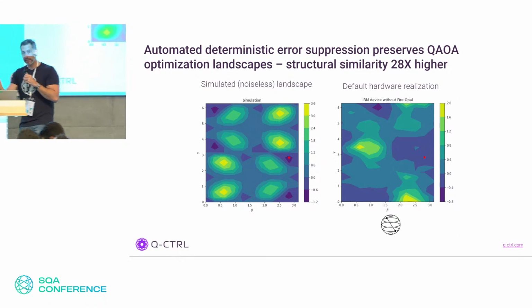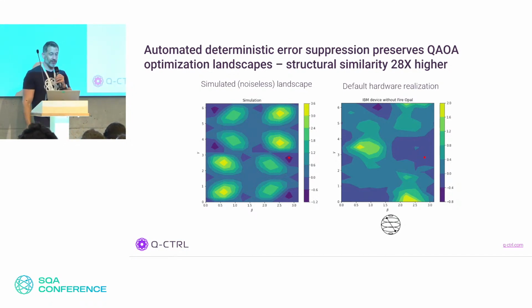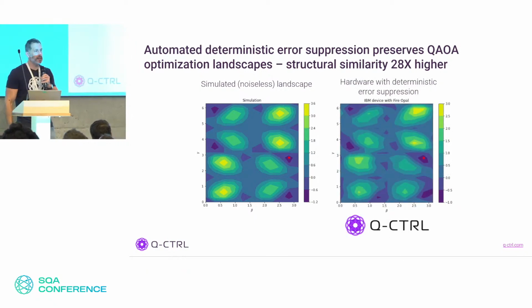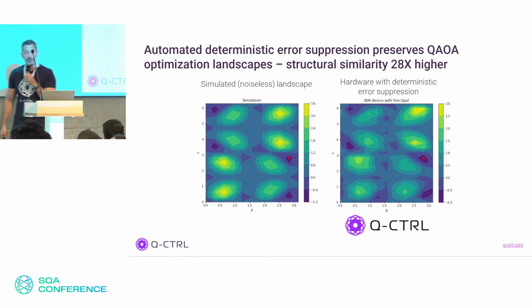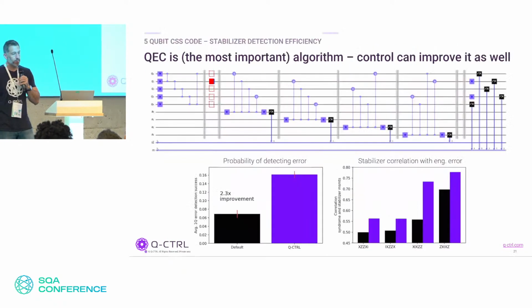By eye, it does not look very similar. You can actually use something called a structural similarity test from image processing. It really doesn't look anything like the standard landscape. But if you replace that with the deterministic error suppression, you get almost a 30x enhancement in the structural similarity of those landscapes, which is, of course, very important for when you execute the QAOA.